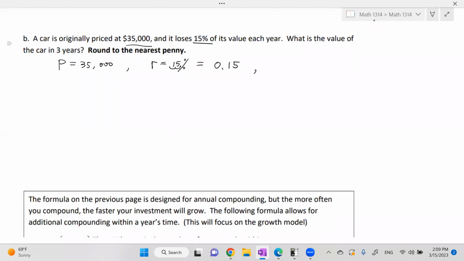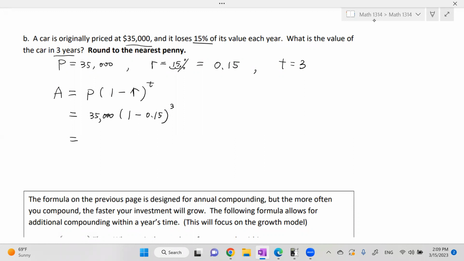How about the next information? 3 years. That's T. That's a 3. Which formula am I using? The decay one. P times (1 minus R) to the T. So we have 35,000 multiplied by (1 minus 0.15) to the T, 3.